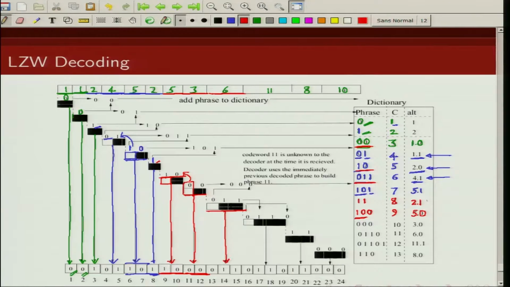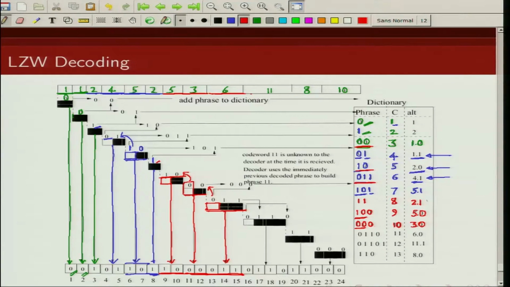Now the innovation symbol here is the first bit, which is 0. The previous phrase was 0, 0, so I add 0 here. So I am going to add 0, 0, 0 as my new phrase. That's my code word number 10, which can be written as concatenation of code word 3 with an innovation symbol 0.